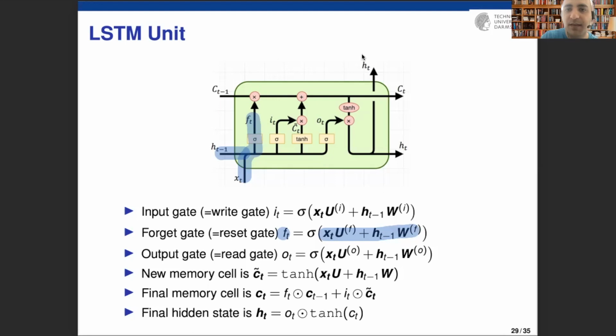The other one is the output gate, a linear combination of the input and the hidden state of the previous step, to know how much you should move to the next step.